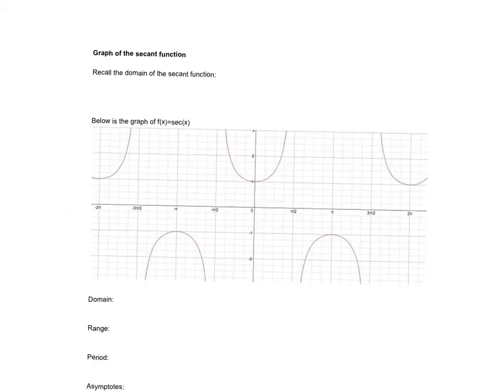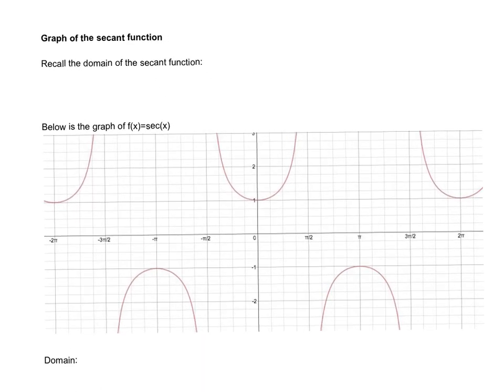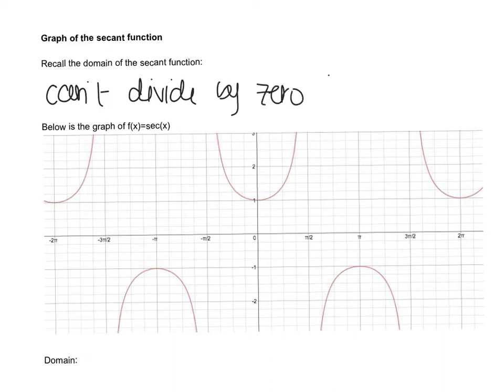Lastly, we look at the graph of the secant function. So again, very similar to all our other functions, for the domain of the secant function, we can't divide by 0. And because secant is the reciprocal of cosine, we want to know when x is 0. And that happens at pi over 2 and 3 pi over 2 on the unit circle.